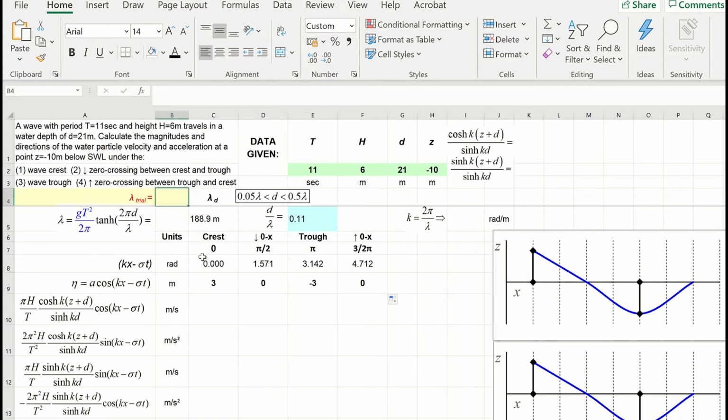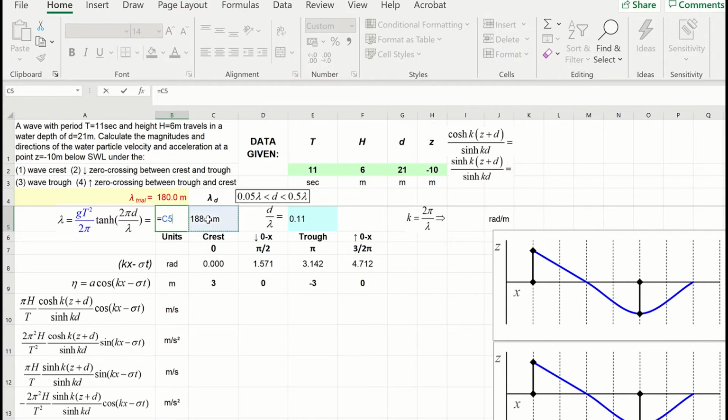I will need to start with a trial value, for example 180, and now I have to calculate my wavelength using this equation, which is equal to d water wavelength multiplied by hyperbolic tangent, open bracket, 2 multiplied by pi multiplied by d and divided by trial value lambda, and close the bracket. And this is 118, so obviously it's quite far away from the trial value.